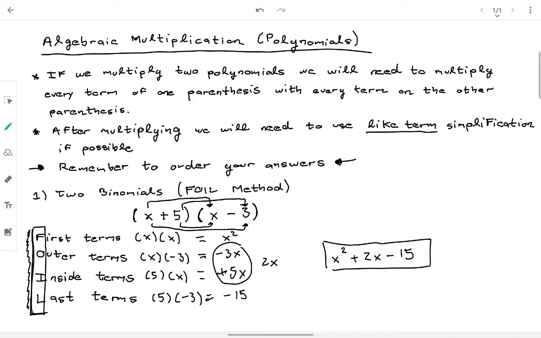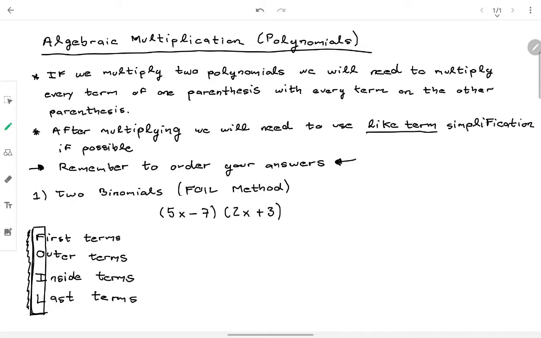So let's see some other examples today. In the next exercise in FOIL method, we will use this multiplication of two binomials. So remember the rule, it says to us, first terms, it will be 5x multiplied by 2x.